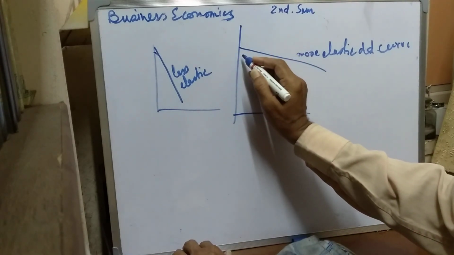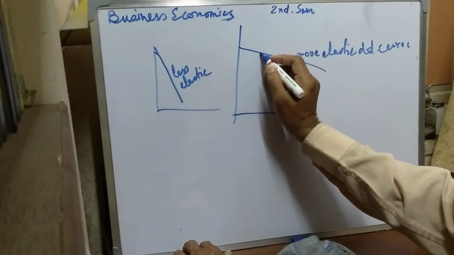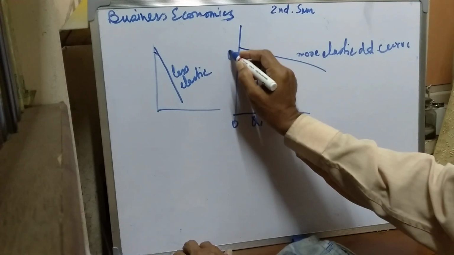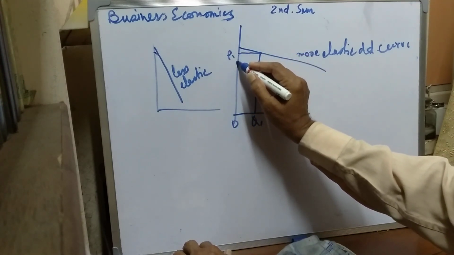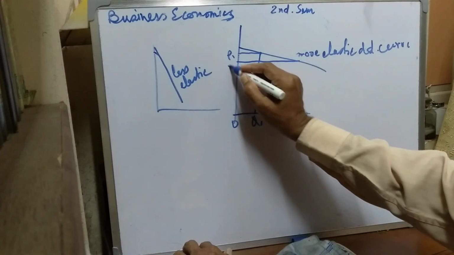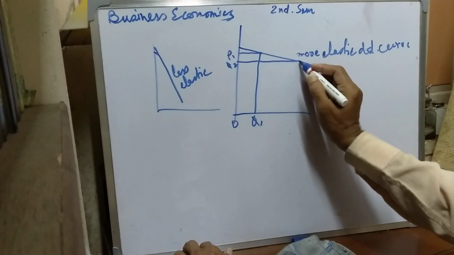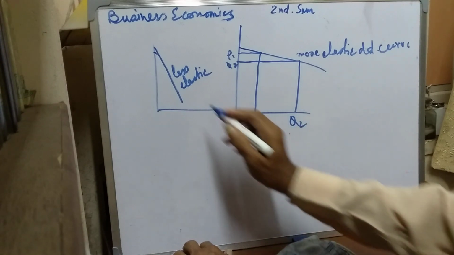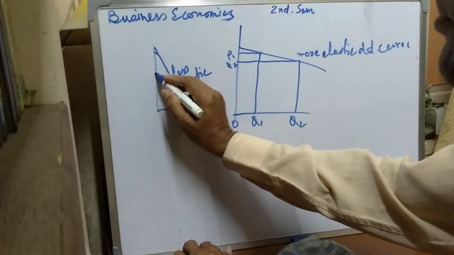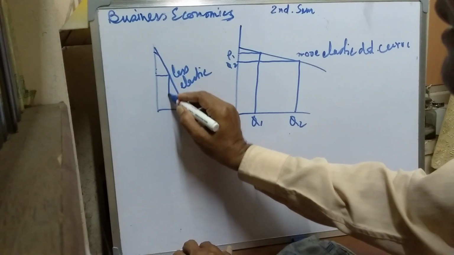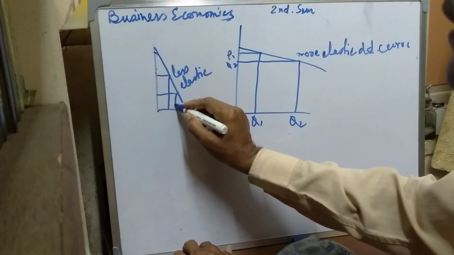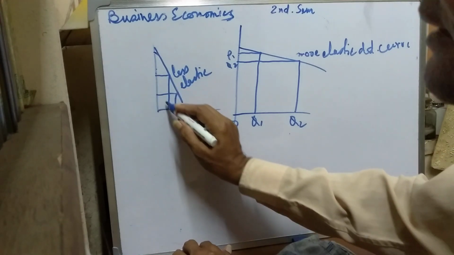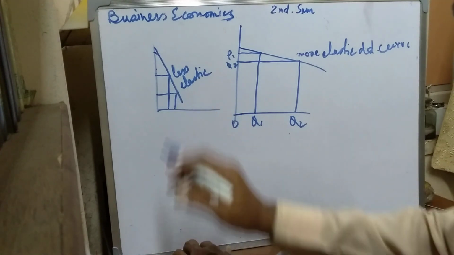Suppose we try to measure elasticity at this point, then price will be OP1 and demand will be OQ1. If price changes from P1 to P2, a very small change, but demand changes significantly, then this is more elastic. But in this case, suppose price falls from this to that. You see, price changes significantly, but demand has not changed like that. So this is inelastic or less elastic demand.